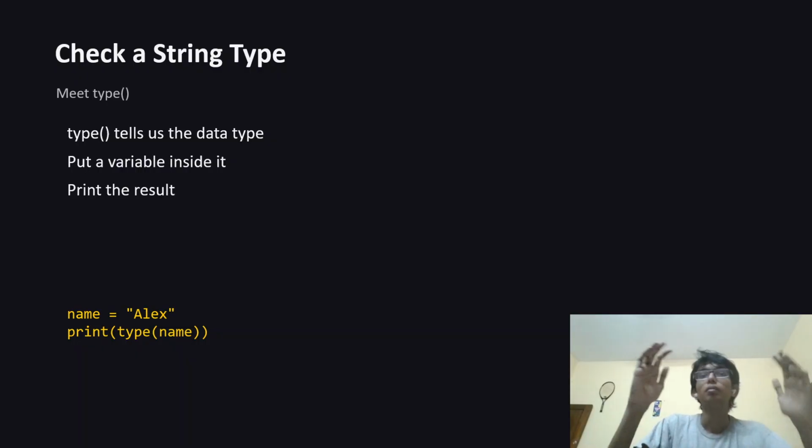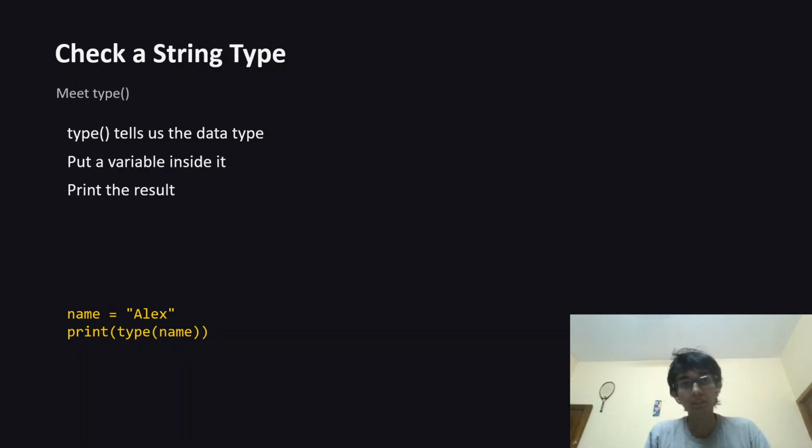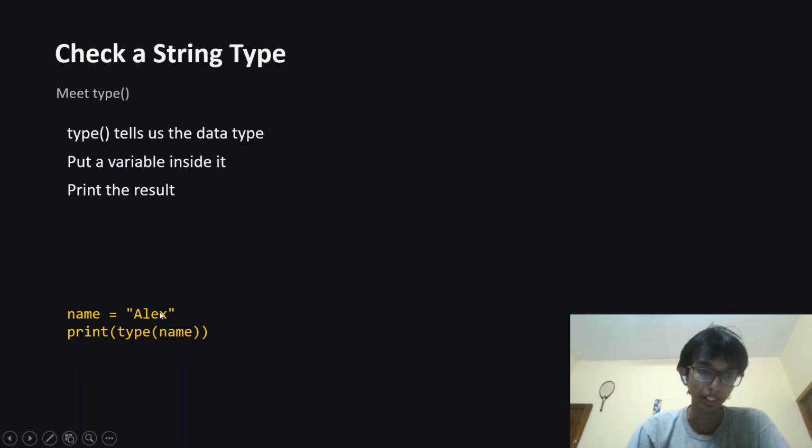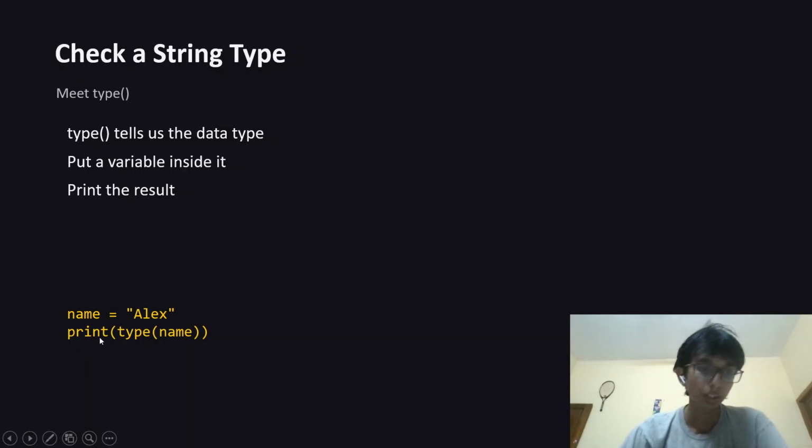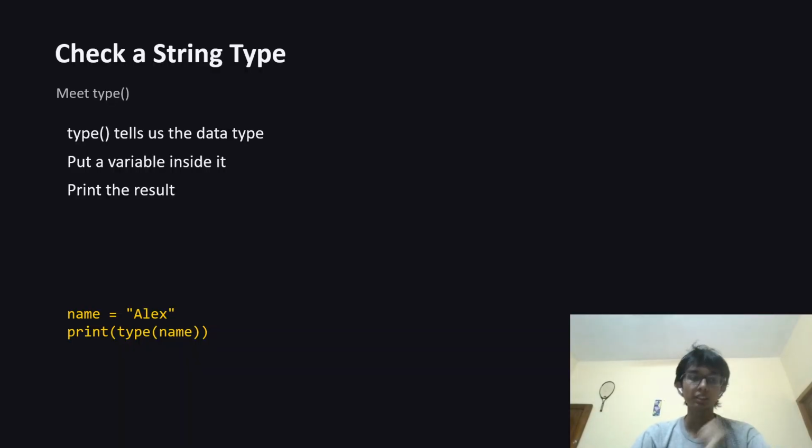So print, bracket, type, bracket, and inside that you put a variable's name. That's what we have here. Name is a variable with the data Alex. It's a string because it's under quotation marks. And now we are going to use the type function, which is to print type of name.